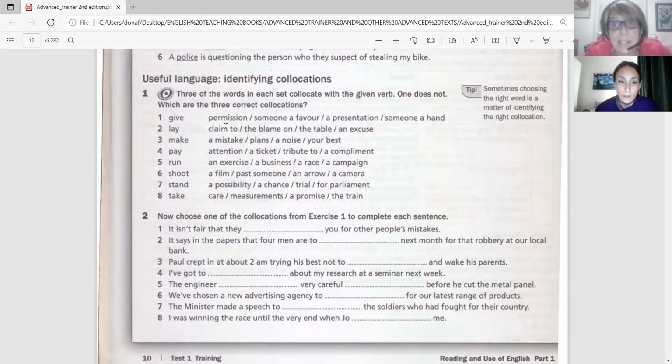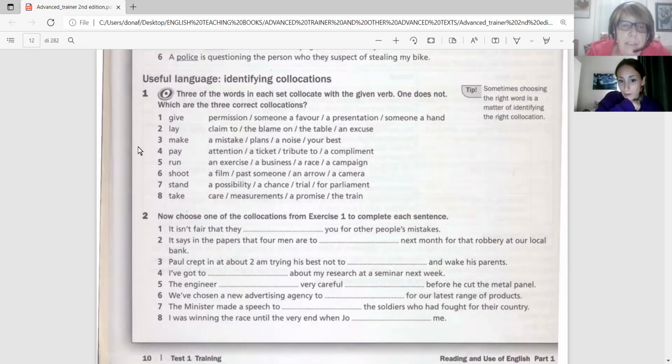Allora. E se sai anche qual è il verbo che appartiene a quella phrase. Ok. Allora, quindi quello che sta bene con give. Esatto. Allora, permission. Yes. Abbiamo detto di sì, ok.